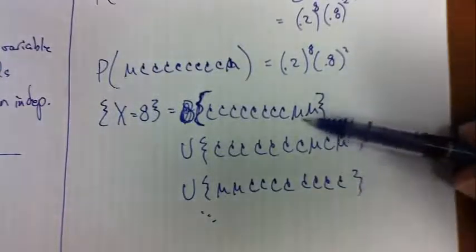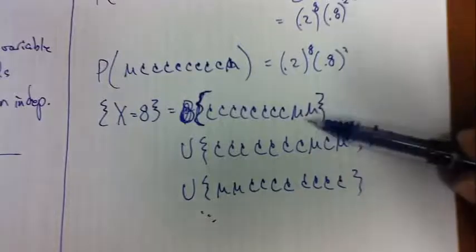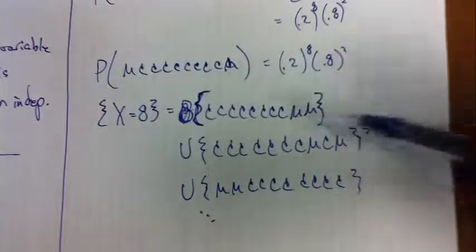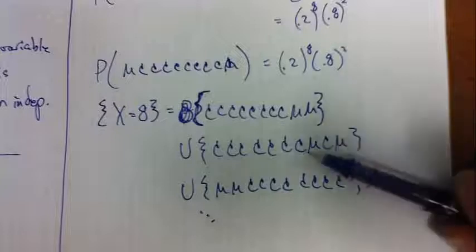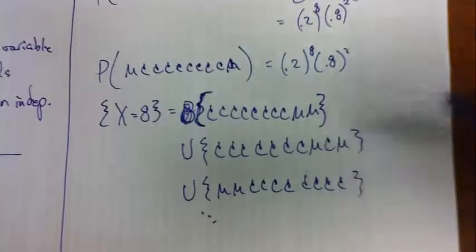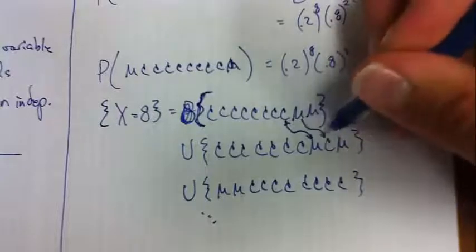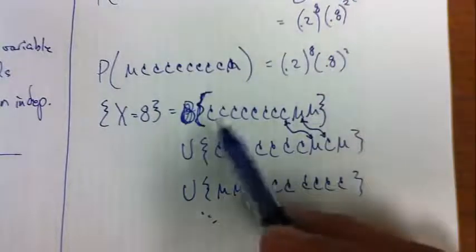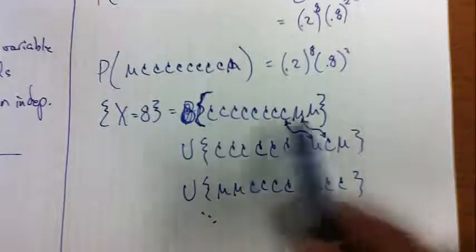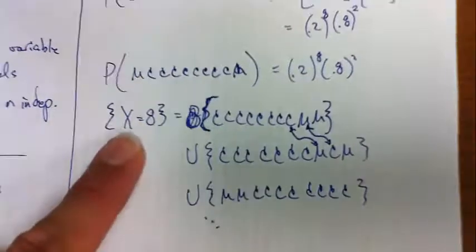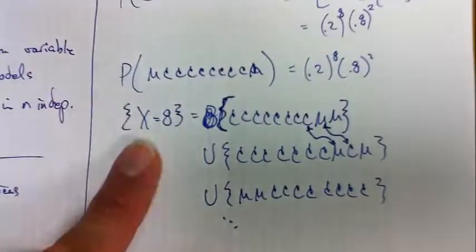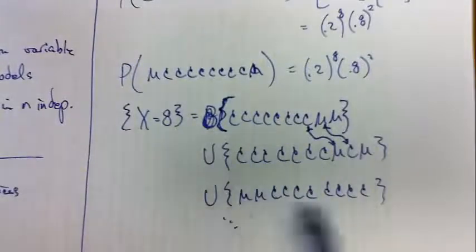It's not possible to miss the last two and at the same time miss the last one and the third to last one. There's a conflict there. But each of these events satisfies the event that X equals 8. So these are actual outcomes.